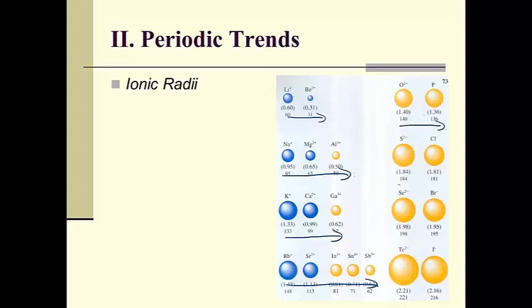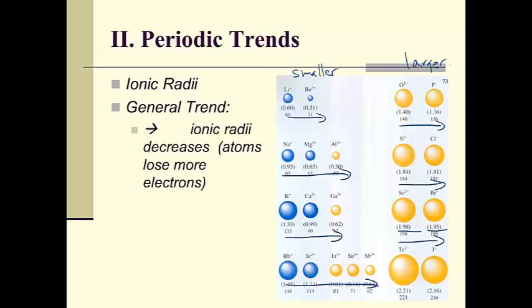Not by a lot, but if you look at the actual numbers, you notice they are getting smaller. Now be careful. These are in the same row, but these are way larger than these. So the general trend is that as you go left to right, they get smaller, but the smallest is not on the right side. The smallest will be here.